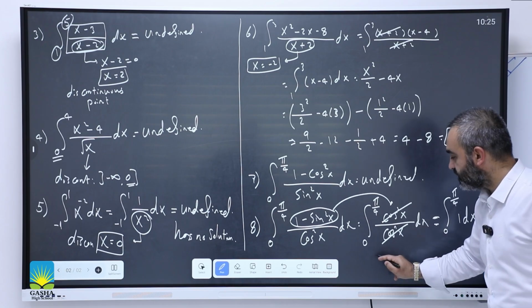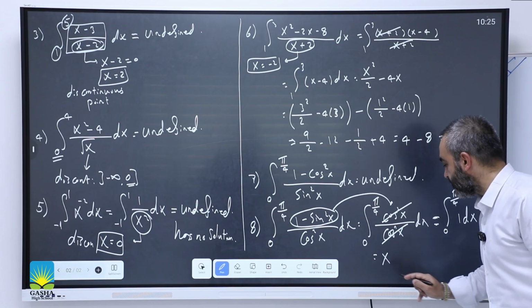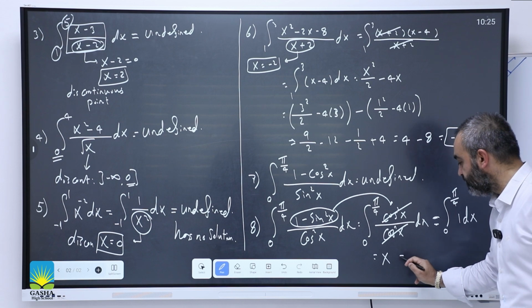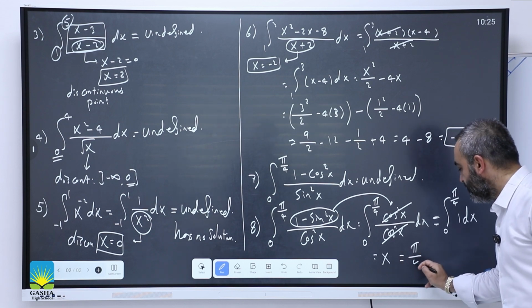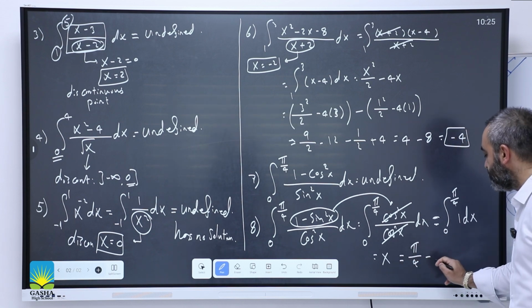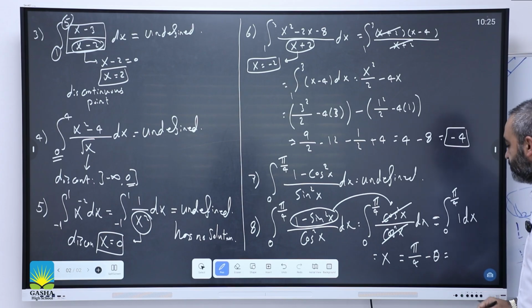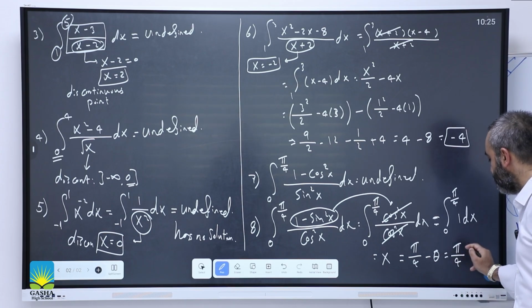What's the integral of 1? It's x. We substitute pi over 4 minus 0, which equals pi over 4.